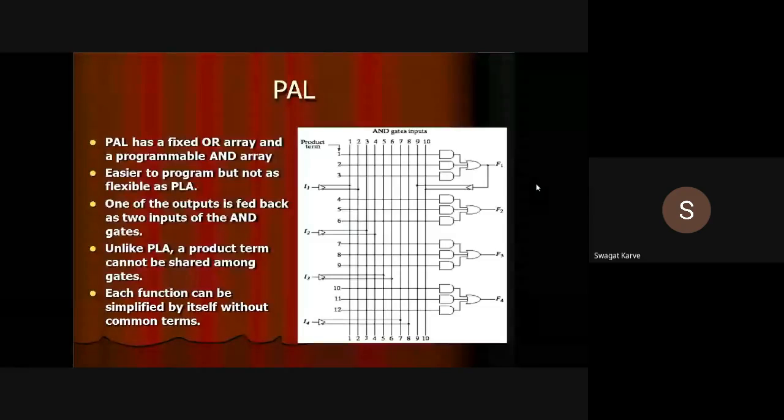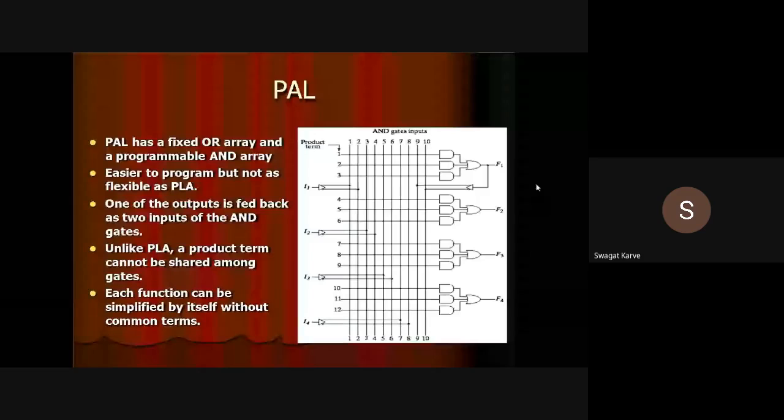So you can see the first structure is the AND array, which is programmable. That means you can actually select different connections, but the OR array is a fixed one, right? So this PAL is easier to program, but not as flexible as a PLA.